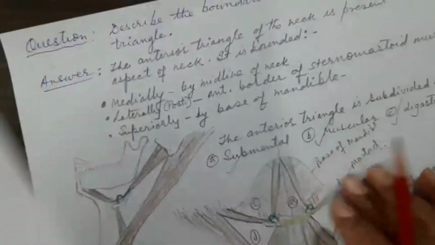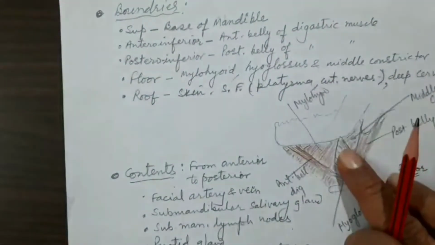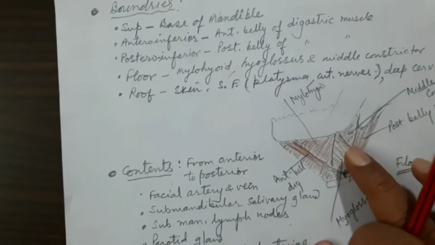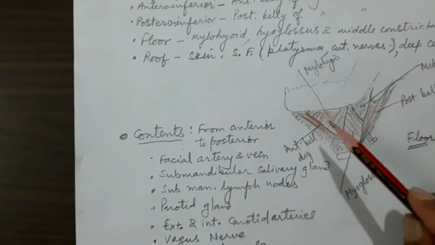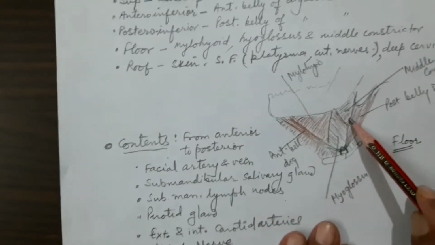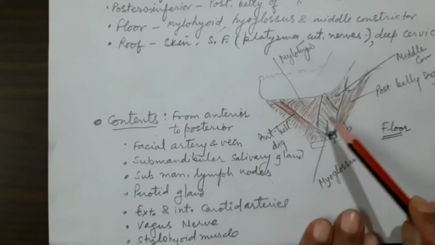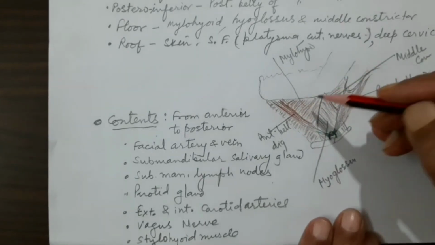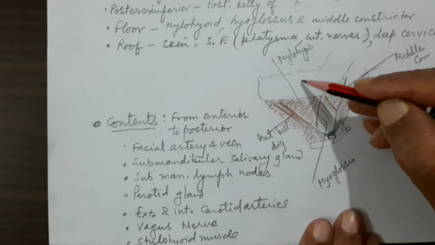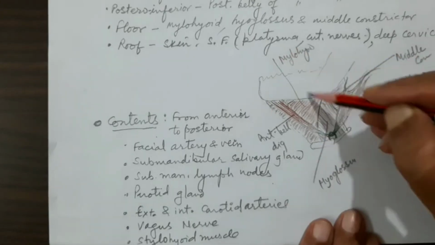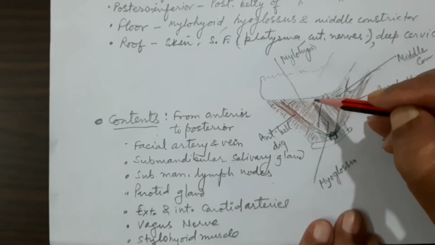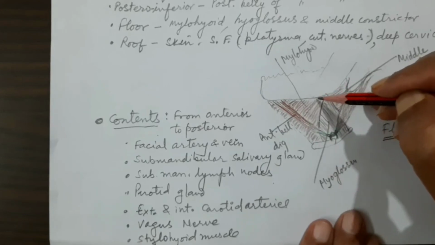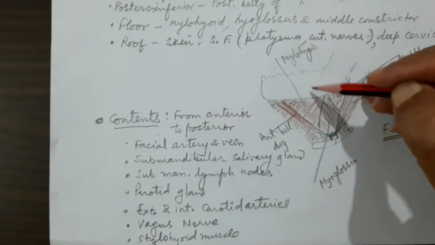Now this digastric triangle has important contents, which I have not shown you here, just because I wanted to show you the floor. Contents from anterior to posterior side are the facial artery and vein. See here, the facial artery will go towards the angle of the mouth, so it will wind round the base of the mandible, or the lower margin of the body of the mandible, then go upward.